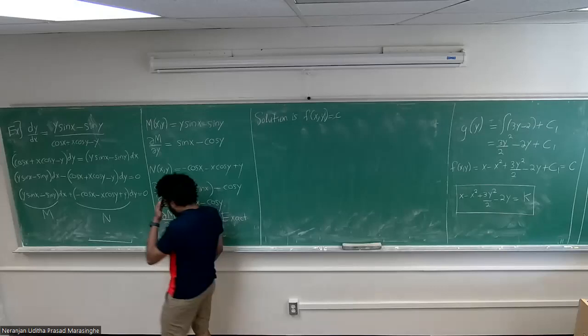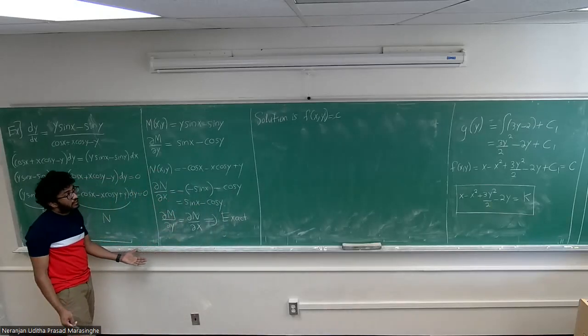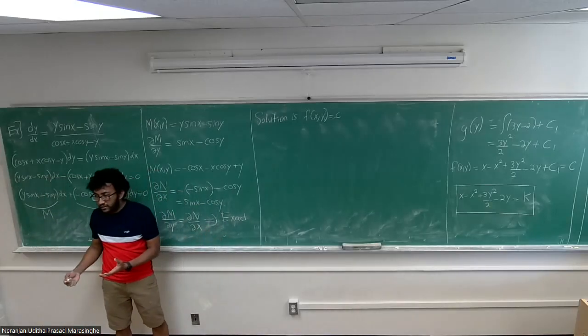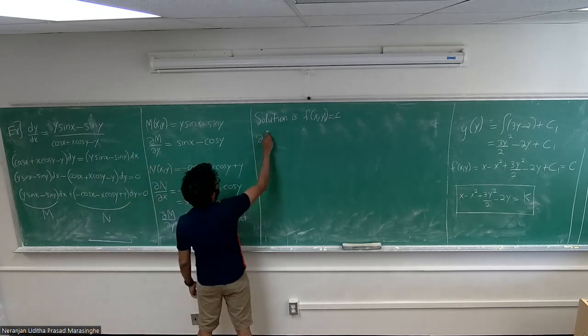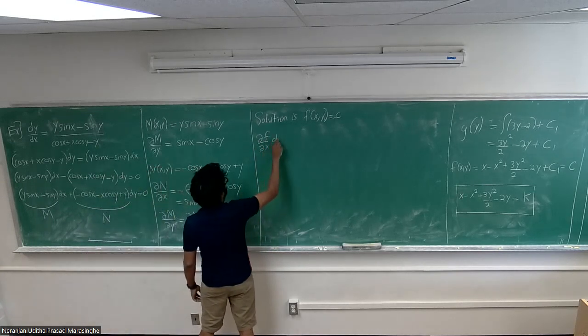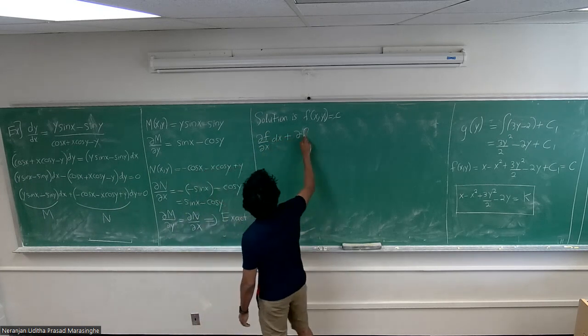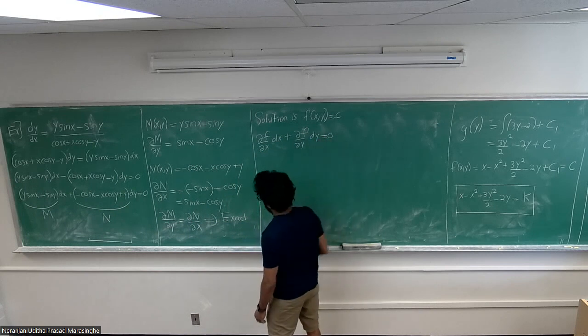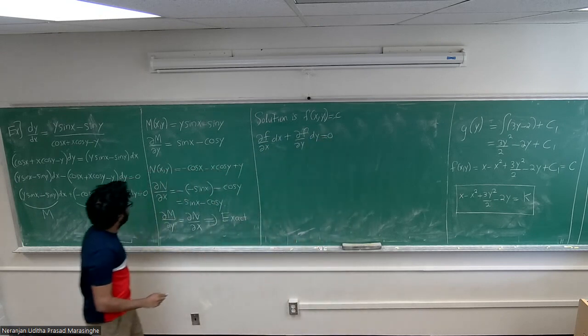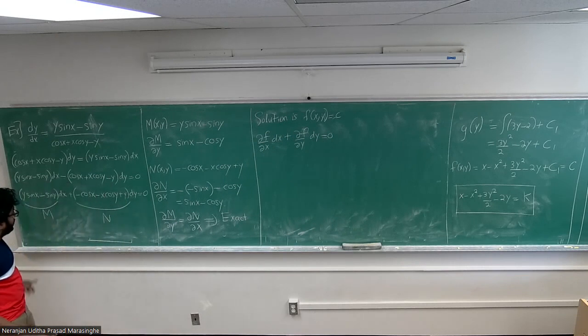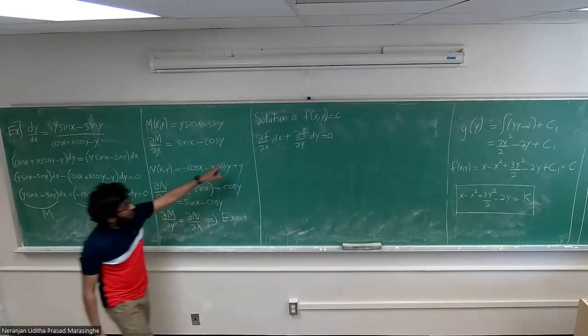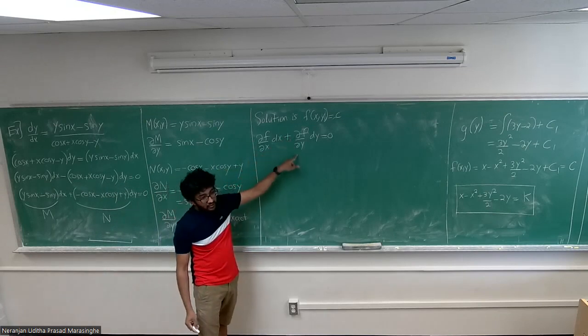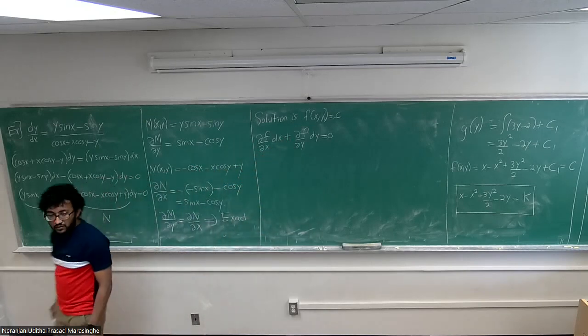Since the solution is a constant function, the total differential equals 0: delta f over delta x dx plus delta f over delta y dy is equal to 0. On the other hand, I have M dx plus N dy equals 0. So what is M and what is N? M is going to be del f over del x and N is going to be del f over del y.